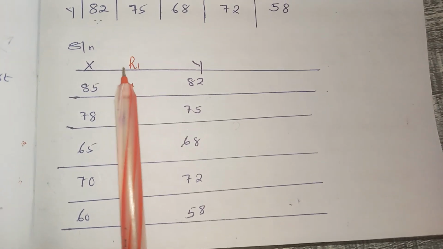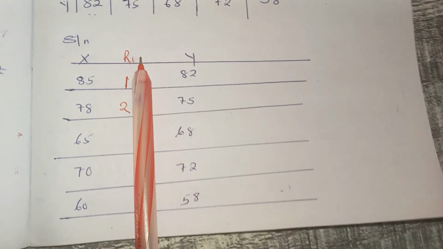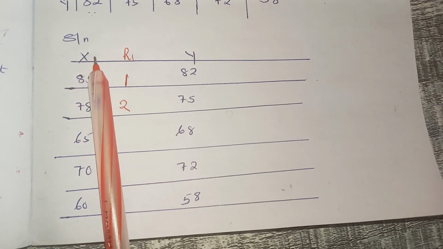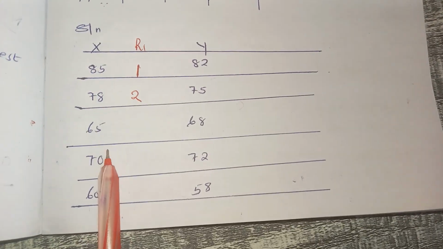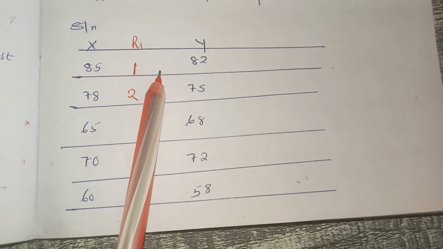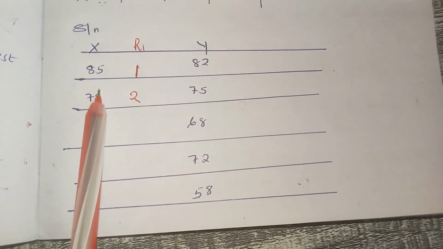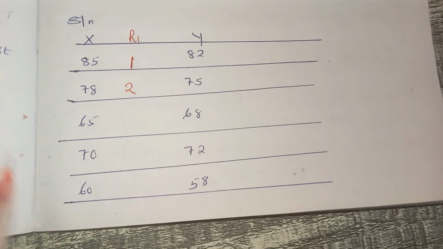So I have come up with the R1 column, and this R1 is the ranking made on the values on the X column. I have decided to assign 85 position number 1 because it is the highest value compared to all the other values on the X column.